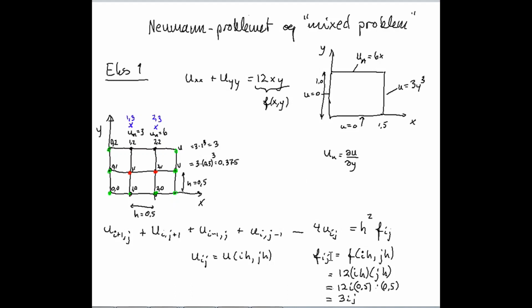We also use the same definition or notation for F_ij. It's defined the same way as for u.